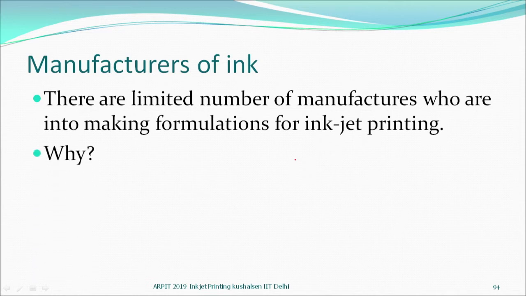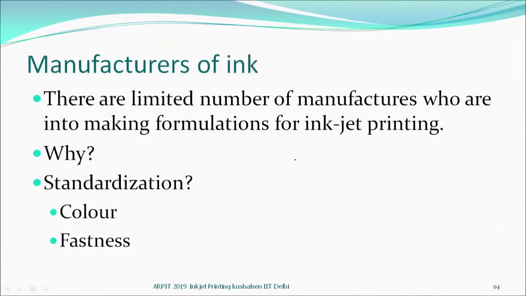We just talked about why, because everything is complex about the molecule. We just said the machine is complex, the print head is complex, yes, but the ink preparation is as much complex. We will just see in a few minutes. The standardization has to be done, so that this particular thing will actually match the shade that is desirable, and every time the same result is to come.